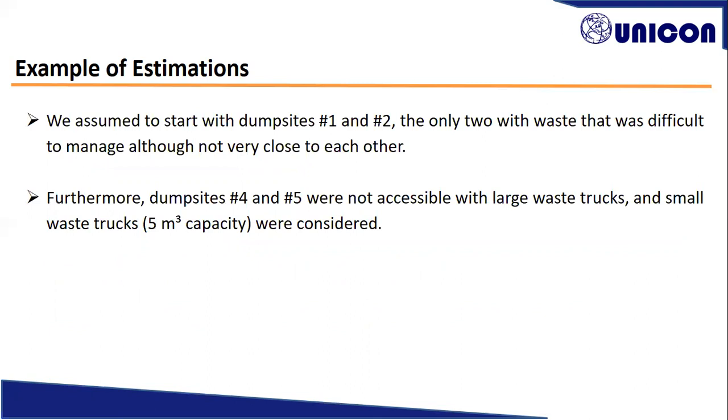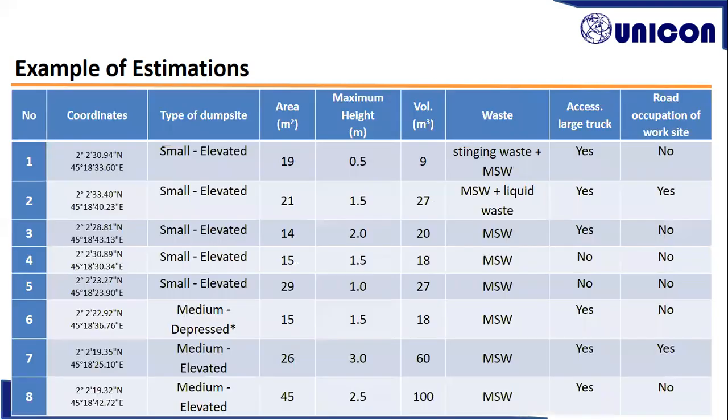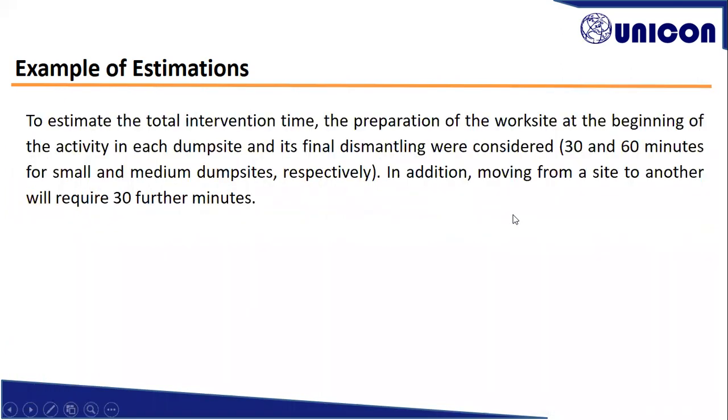We assumed to start with dump sites 1 and 2 because they are the only two with waste that are difficult to manage. Indeed, as previously shown, in dump site 1, we had both municipal waste and stinging waste, and in dump site 2, we had both municipal waste and liquid waste.